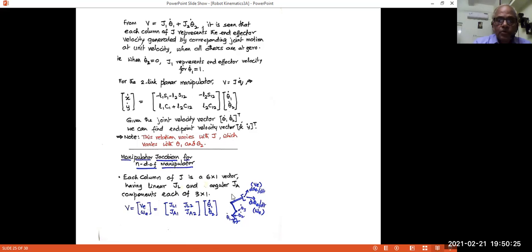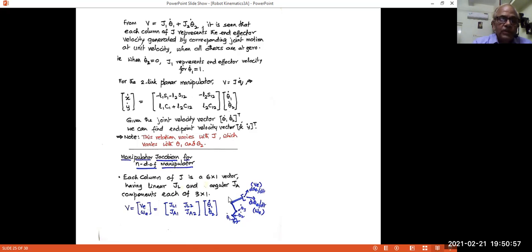Before that, suppose this is a typical n-link manipulator, and we are interested in finding out the endpoint velocity. This is not a planar manipulator, so the frame attached will keep rotating, and it will have velocity along x, y, z. Not only that, the frame will also have 3 angular velocity components about x, y, and z. So in all, it will be 6 degrees of freedom, and there will be a 6-component velocity vector.